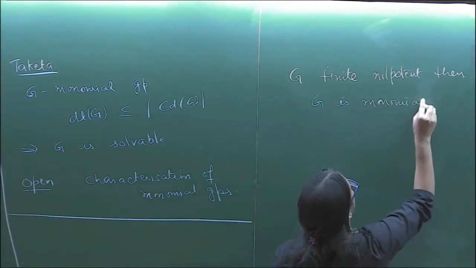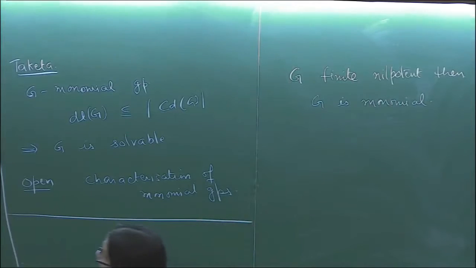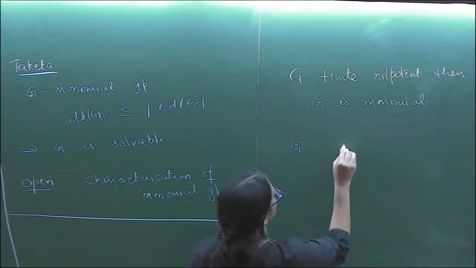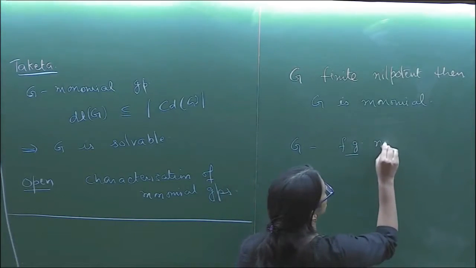So for the finite case, a finite nilpotent group is always monomial. What about the infinite case? Instead of taking G finite, if I take G to be infinite, I need to make sense of it, so let me restrict myself to the class of finitely generated nilpotent groups.